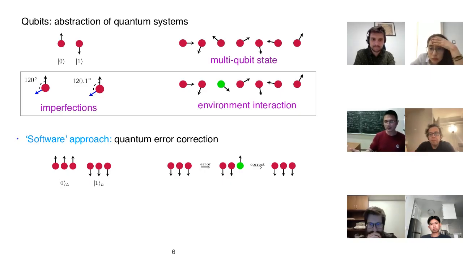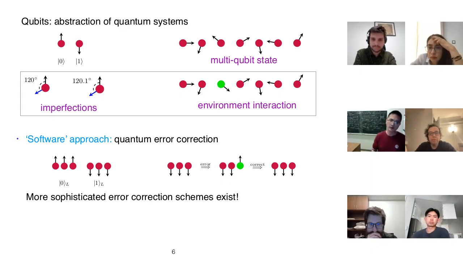Then you can detect the change and then correct the error. Of course, this is a toy example of error correction, but the fact is that there exist more sophisticated error correction schemes that can correct arbitrary errors. But this is not what I'm going to focus on today.